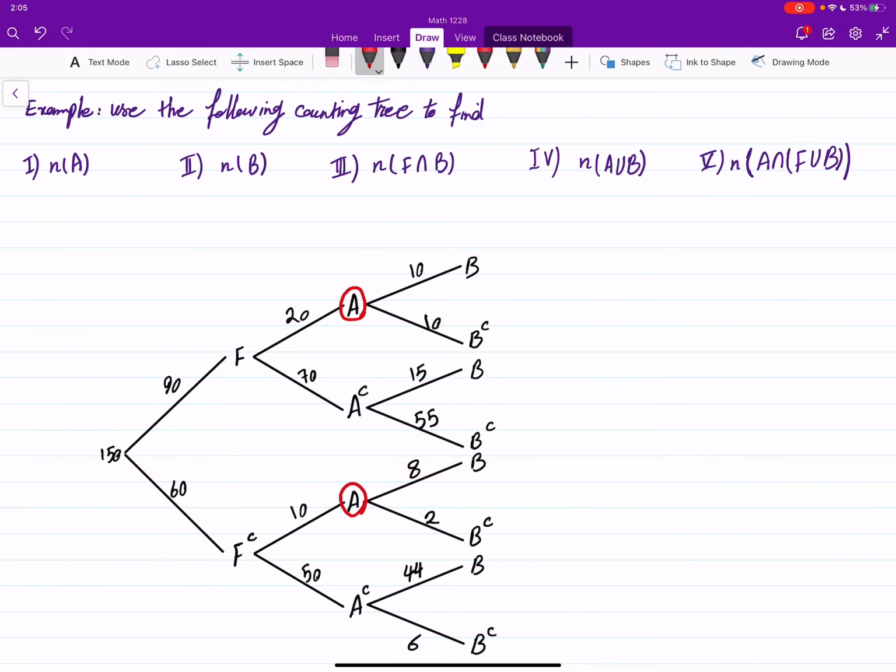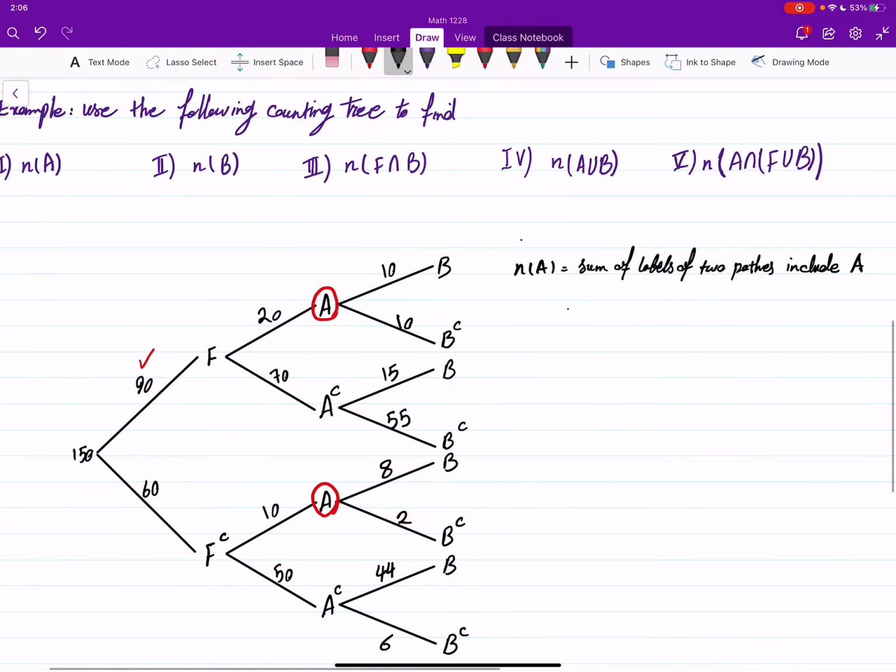Oh, there is another one as well. So n of A is not like n of F. n of F is just here. It is one number. But n of A is now separated into two pieces. So here, let me just write it down. n of A is equal to the sum of the labels of two paths which include A.